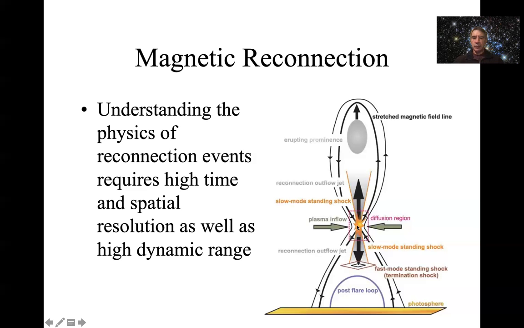But to try and zero in on exactly what's happening in these magnetic reconnection events, it's still not very well understood. So this is sort of complex magnetohydrodynamics going on, and that actually requires better spatial resolution, high time resolution, and as I said, high dynamic range as well to deal with the varying intensities.